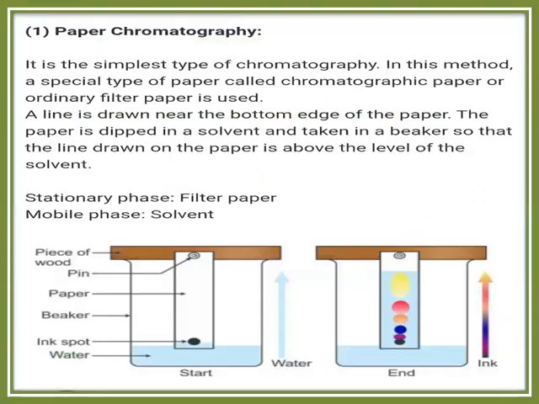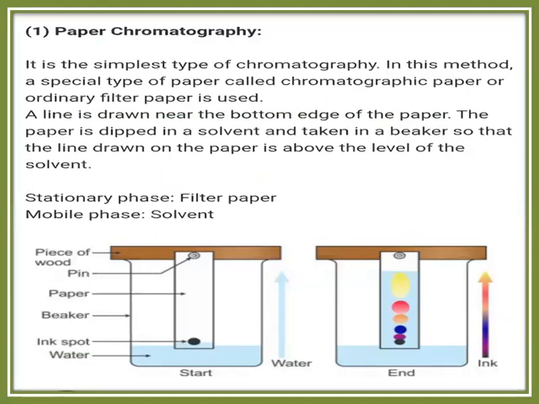Paper chromatography. It is the simplest type of chromatography where a special type of paper called chromatographic paper or ordinary filter paper is used. The word chromatography is based on the Greek word chroma, which means color.